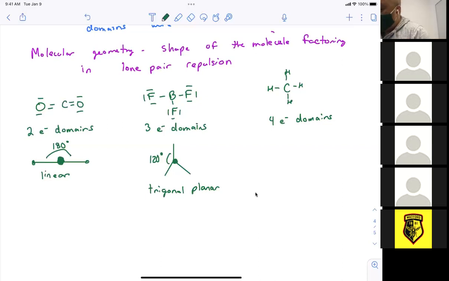So we take it into the 3rd dimension. Now you've got kind of this 3-dimensional tripod you want to imagine. I think that's the best way to picture that. And each angle here is about 109.5 degrees.